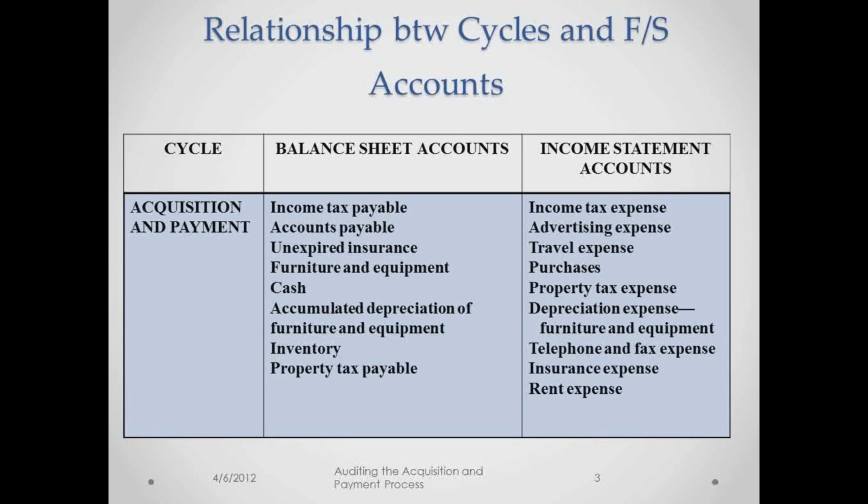Furniture and equipment, cash, accumulated depreciation related to furniture and equipment, property taxes payable, and then on the income statement side, expense accounts such as income tax, advertising, travel, cost of goods sold, property tax, depreciation, rent expense. So those are the payables and expense related accounts that you would expect to see as a result of the acquisition and payment cycle.